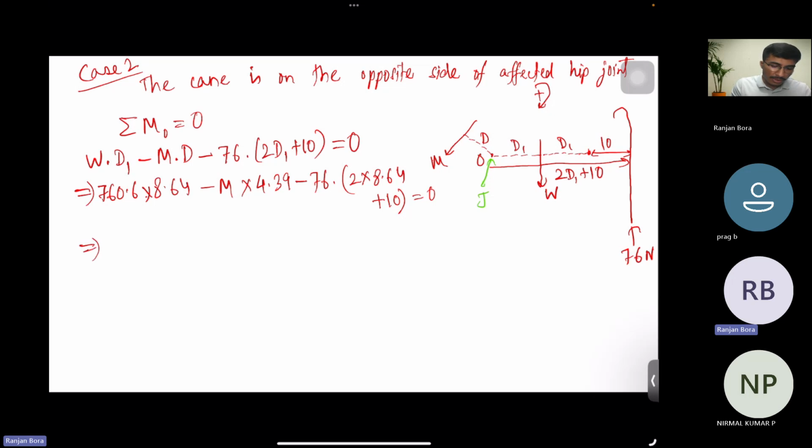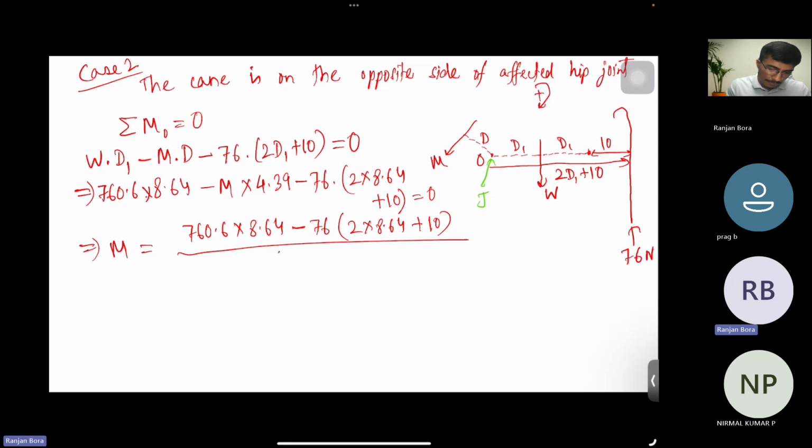So from here, we will calculate M. It will be 760.6 times 8.64 minus 76 times (2 times 8.64 plus 10), divided by 4.39.